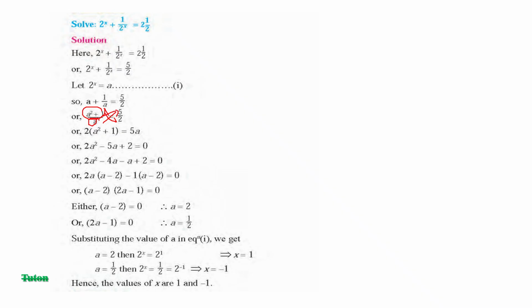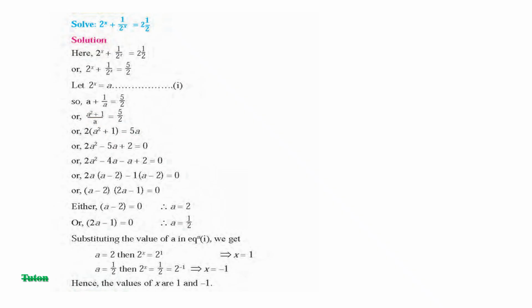We are left with 2 times a square plus 1 is equal to 5a. We will now open the bracket, 2a square plus 2, and we will take the right hand side term to the left hand side.